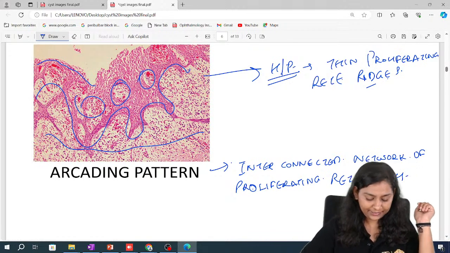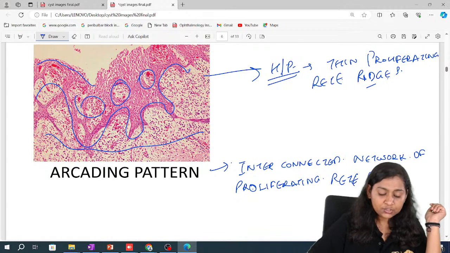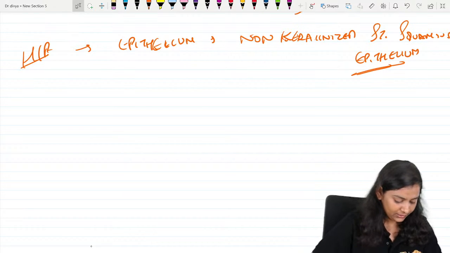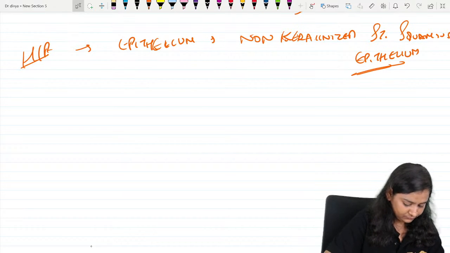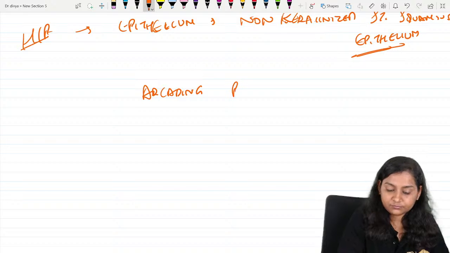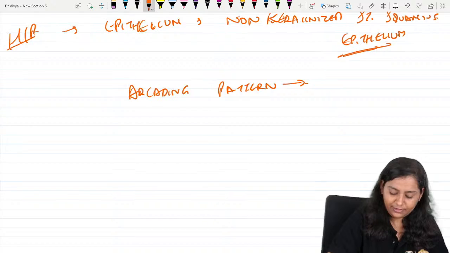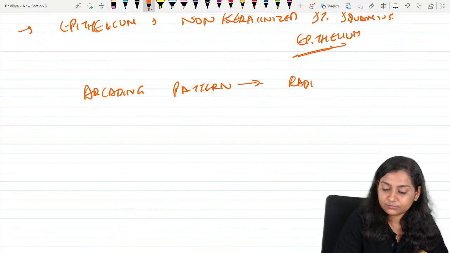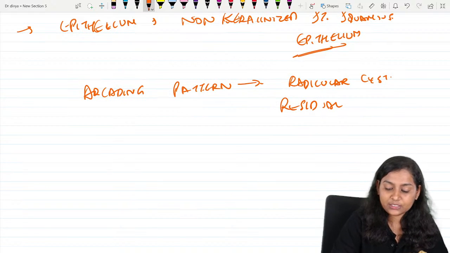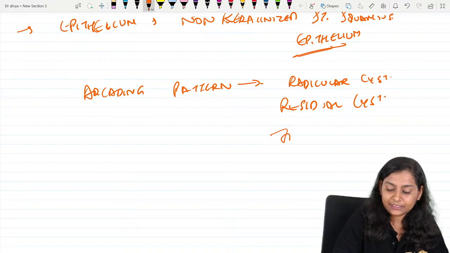So this is the arcading pattern. It is not pathognomonic for the radicular cyst. The arcading pattern is also seen in residual cyst, which is again a type of radicular cyst, and inflammatory collateral cyst.